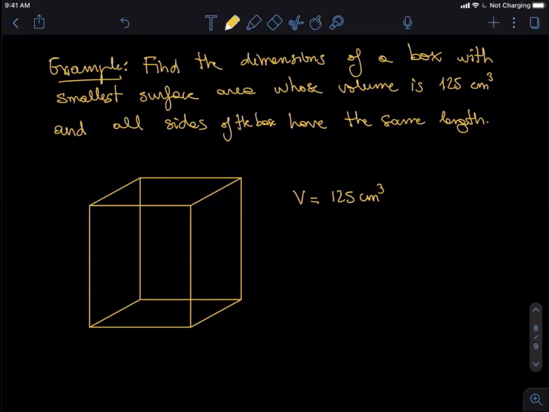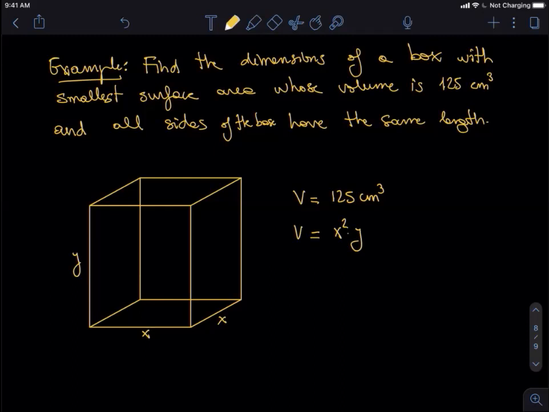So that means that the sides of the base are both the same length, x, and then the other important feature here is the height that we call y. Okay, and then with this information, we know that the volume is going to be x squared times y, the volume of the base times the height.